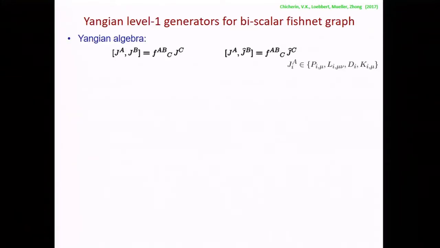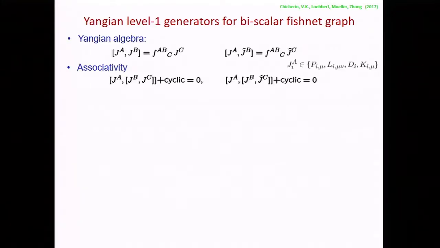Let's go further, and then we have this Yangian algebra. You have level 0 operators and level 1 generators of this algebra.